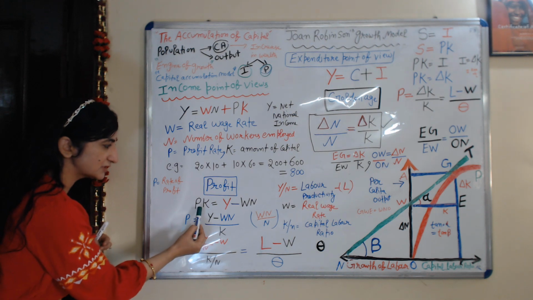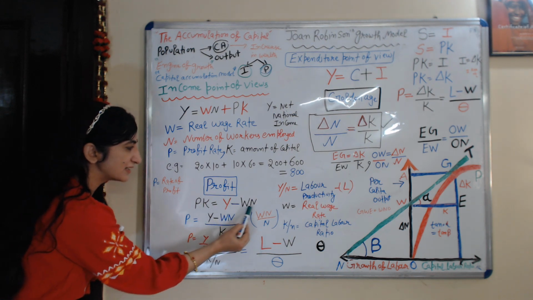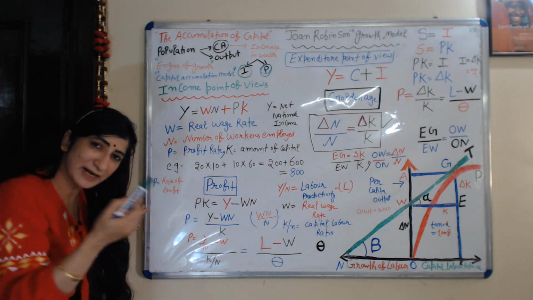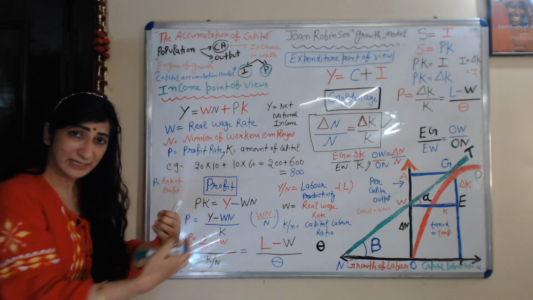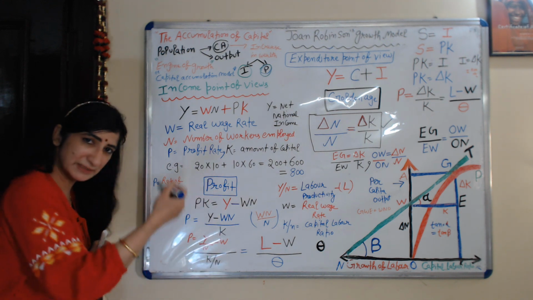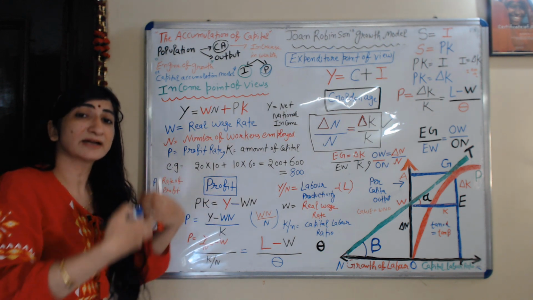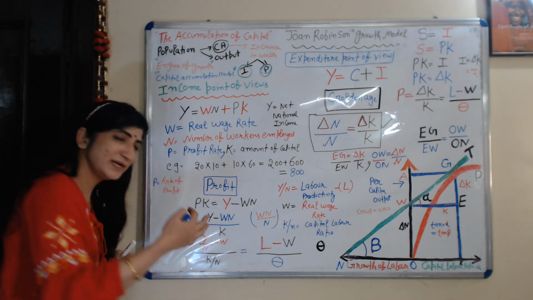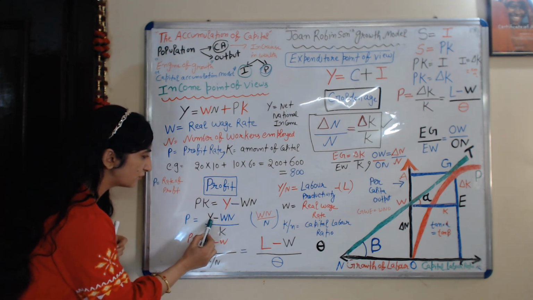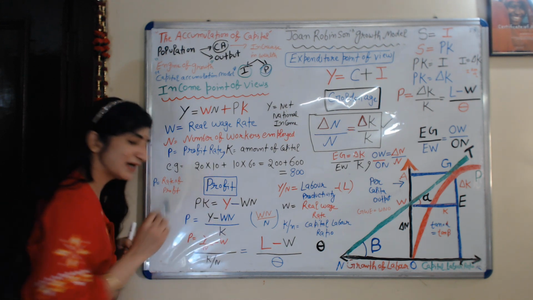Now our equation is PK equals Y minus WN. Now K is multiplied here. When we bring K to the other side, it goes into division. Now our equation is P equals Y minus WN divided by K.